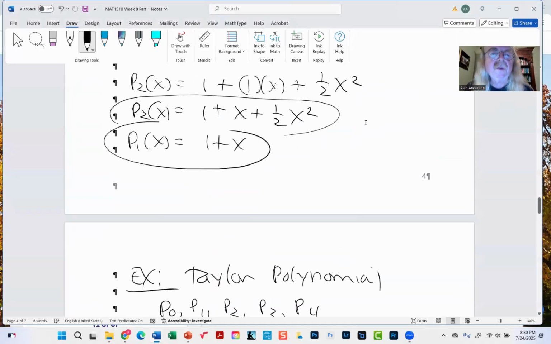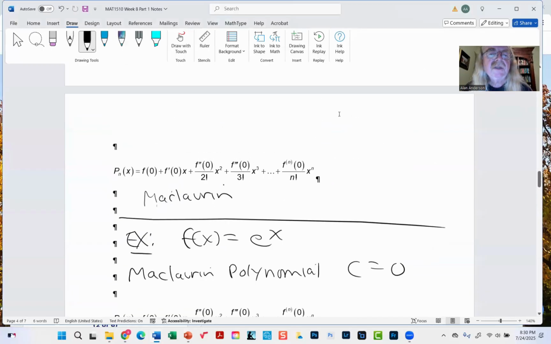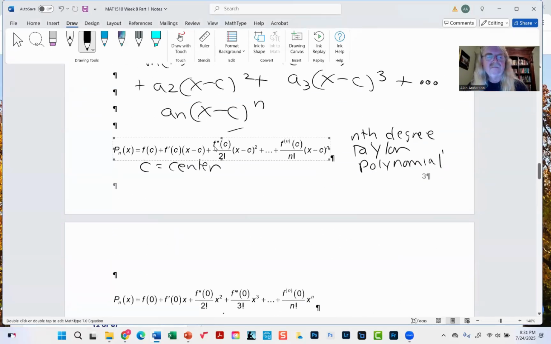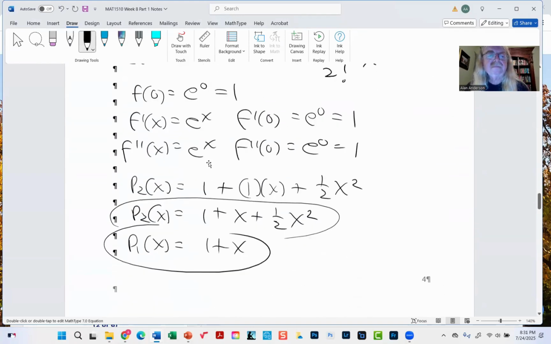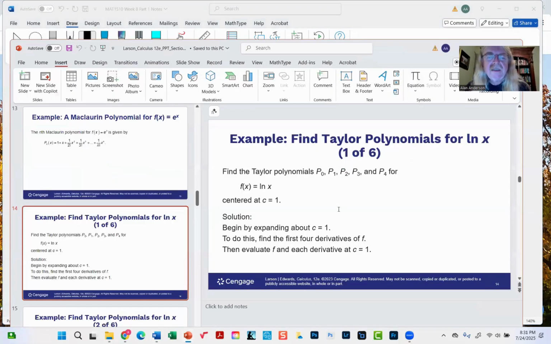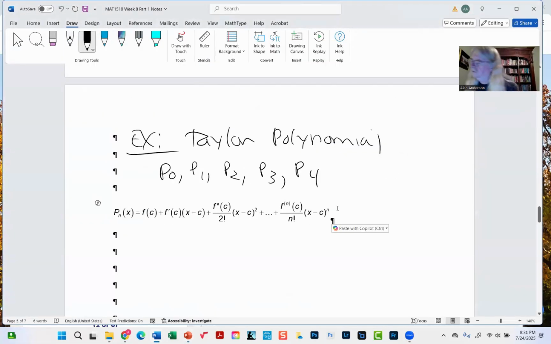And so let's go get the formula again, because we clearly don't have it memorized just yet. And they also tell us that the function is log x. Of course, we need to know that. And the center is 1.